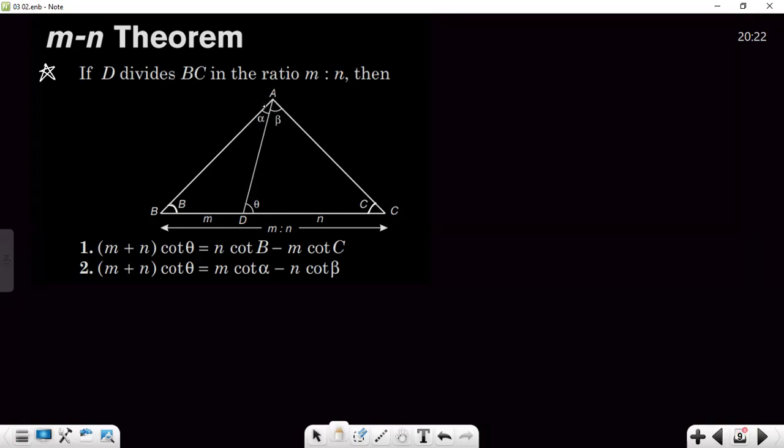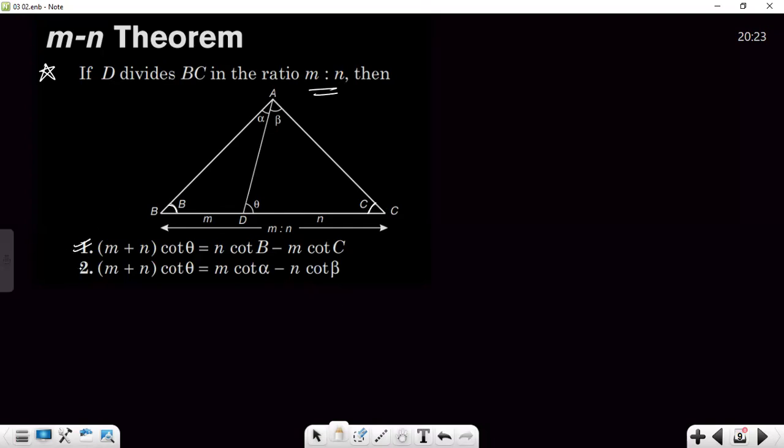Here alpha is angle BAD and angle DAC is beta. This is the ratio in which D is dividing BD and DC, M and N. If D divides BC in the ratio M is to N.